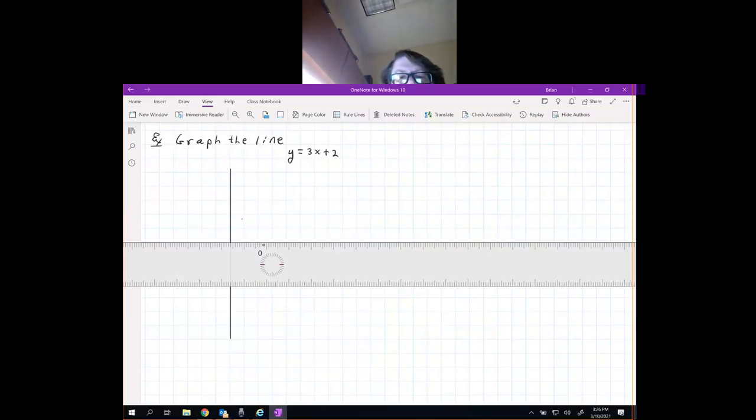It doesn't have to be that great for this lesson, but oh, by the way, you can print it off. There are websites that offer graph paper for free as well.